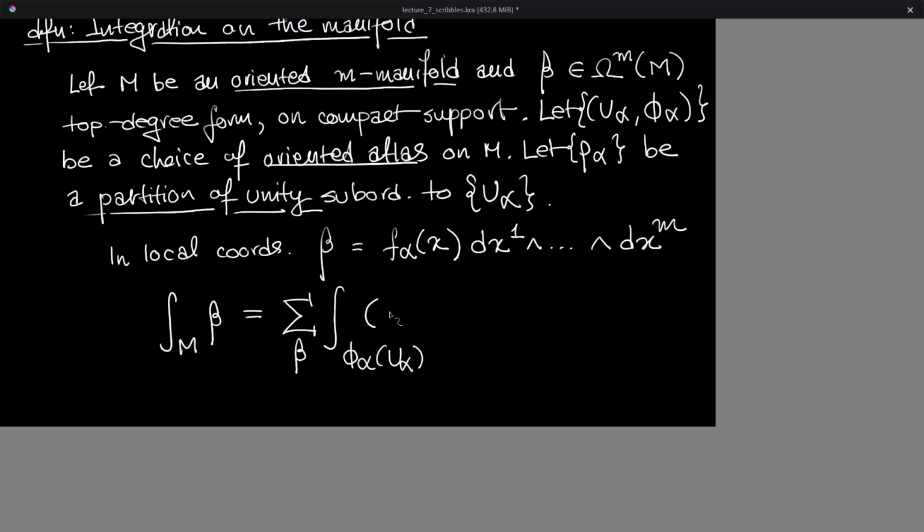So U alpha is the actual set on the manifold, right? And phi alpha of U alpha is our map of the manifold. So just to give a refresher, we did talk about that a while ago. So let me just write this out, and then we can talk about what this means. So phi alpha inverse d^n x. This is the Lebesgue measure. We're not going to get into measure theory.